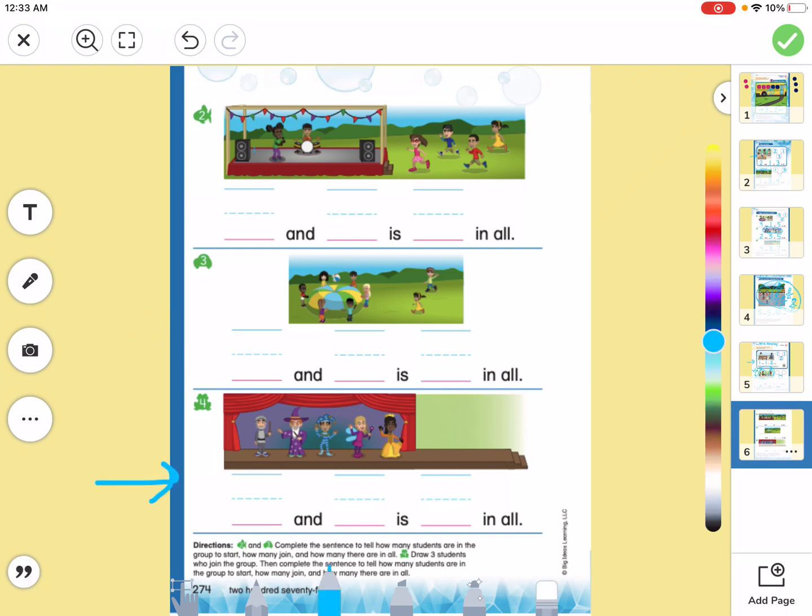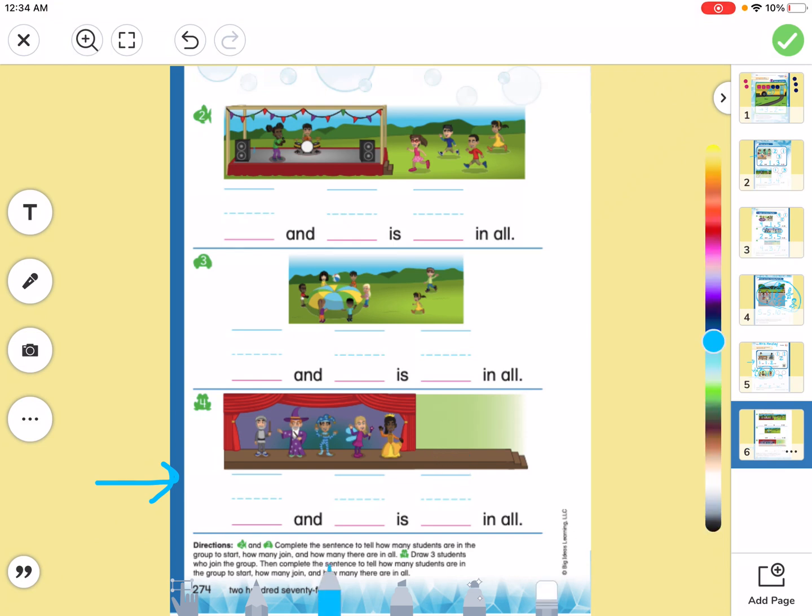I'm going to do this one with you. It says draw three students who joined the group. Okay, so I've got to draw 3 students. You will need to draw 3 students. Okay? You're going to have to be careful because you're not going to be able to write there.